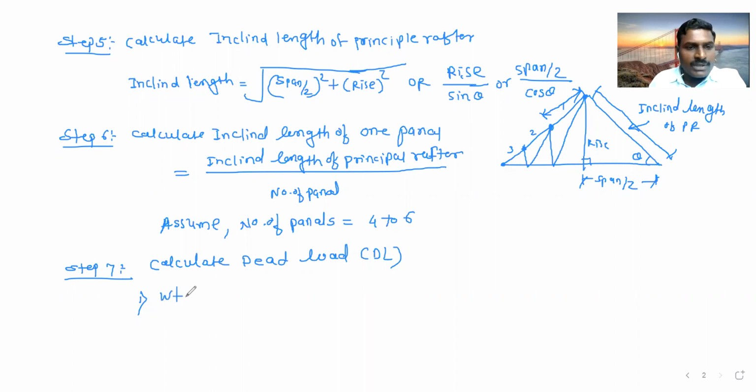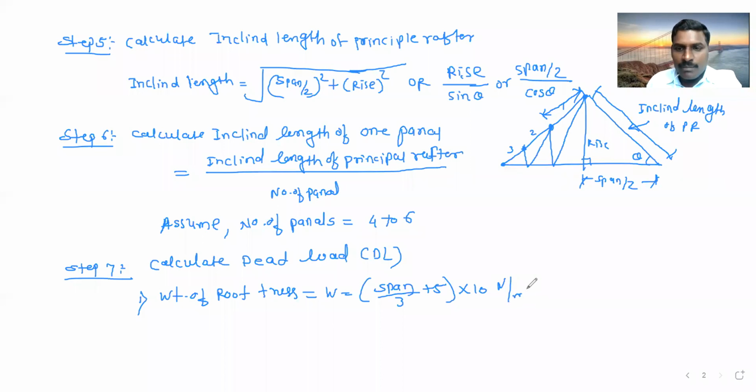Number 1: we have calculated the weight of roof truss, or weight of truss. Weight of truss is W equal to span by 3 plus 5, into 10. Now this is in Newton per meter square.